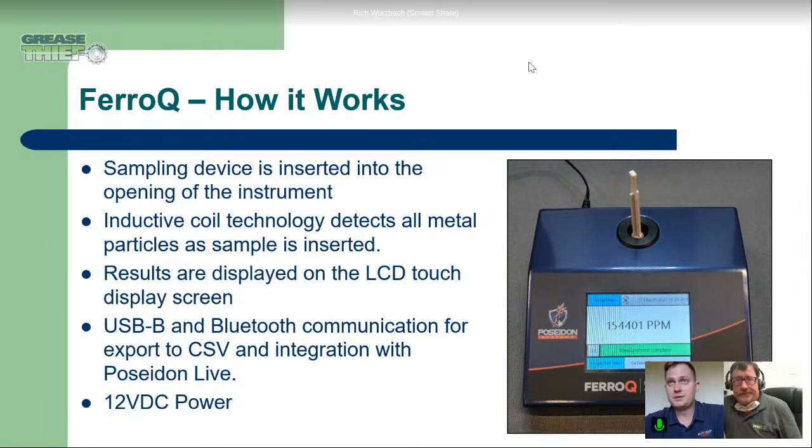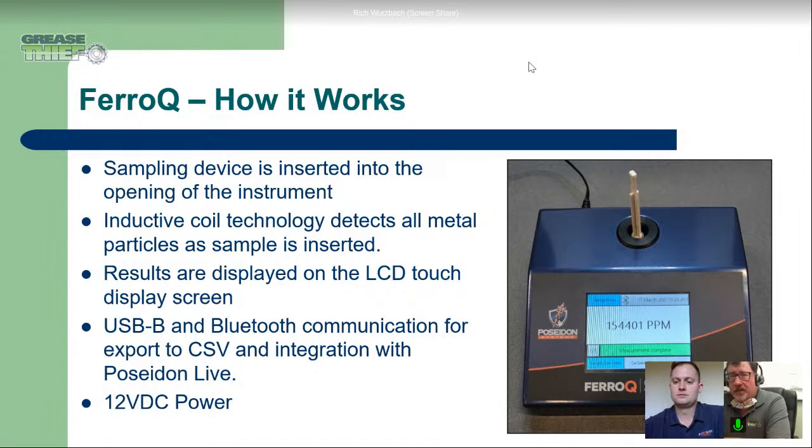So this Poseidon Live platform, we've got all this data streaming in there from the wear debris monitors. And if the sites that have those are also doing grease sampling and screening on site with the FerroQ, that can easily be integrated into Poseidon Live for main bearings, generators, and blade bearings.